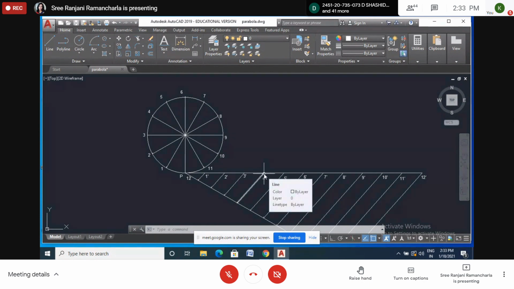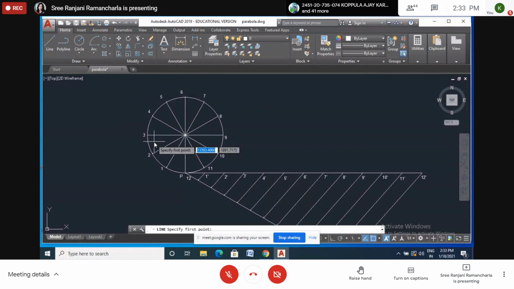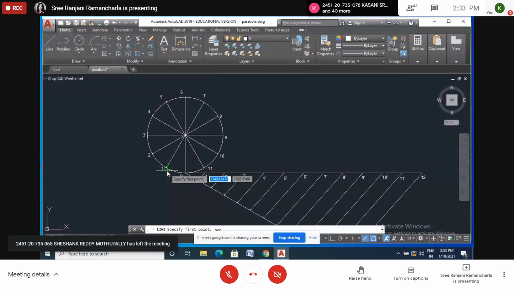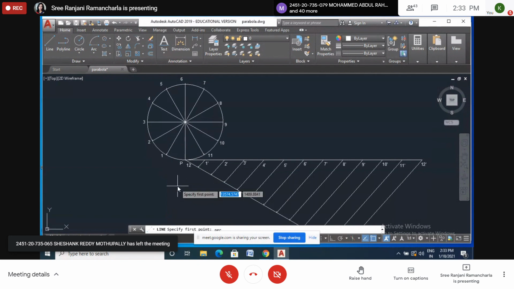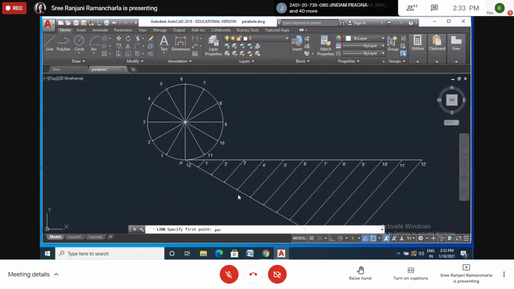First you draw the perpendicular line, approximately equal to one length. So I will draw here, perpendicular to this one.